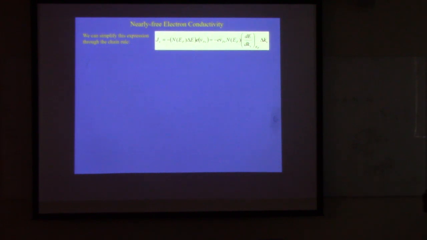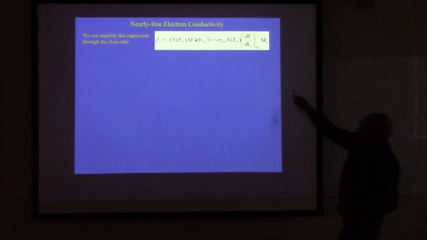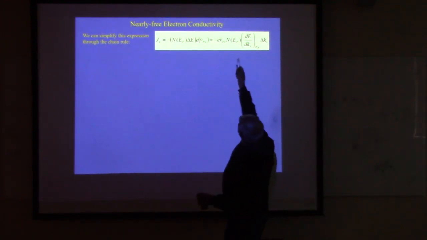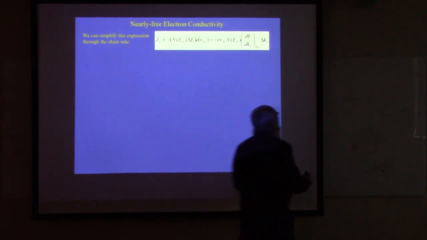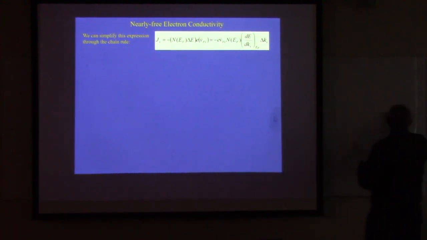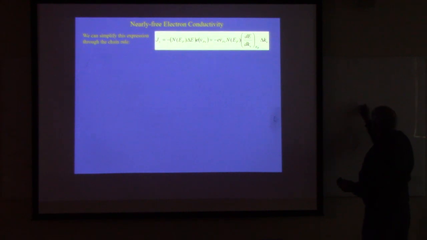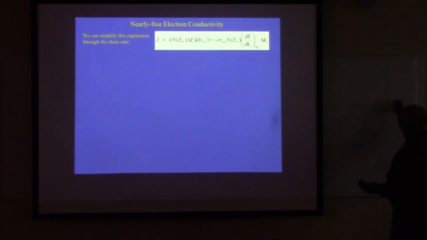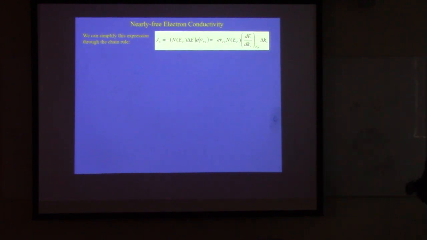If you plug that in, delta E you can write as delta E over delta k times delta k, right? So what is delta E over delta k?